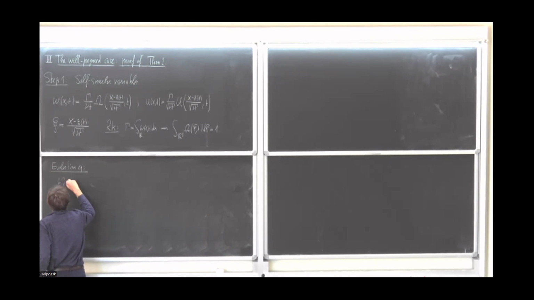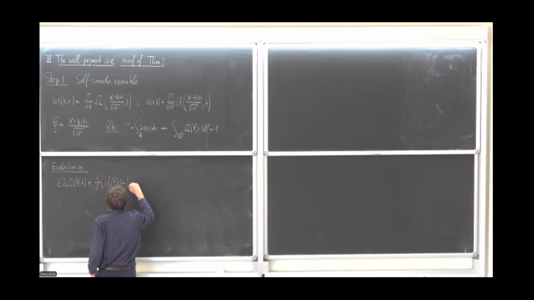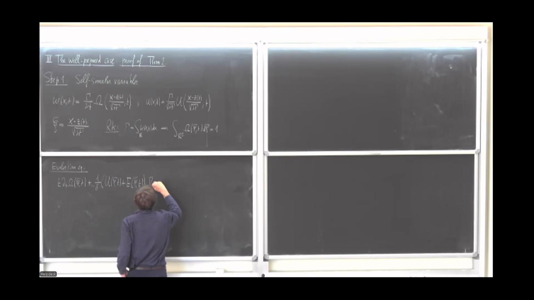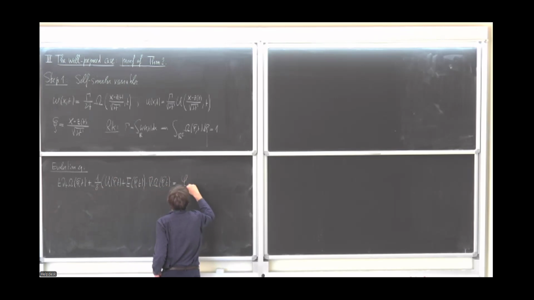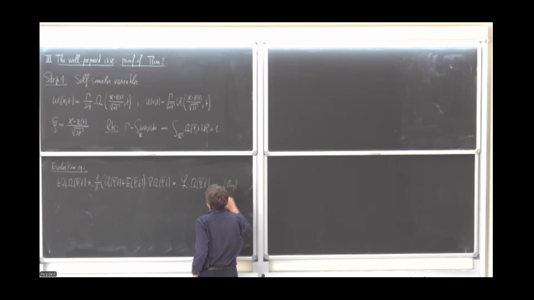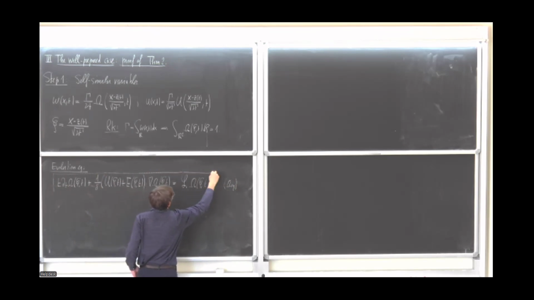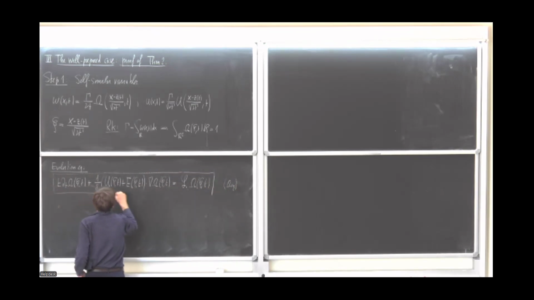It follows: t dt of omega of psi, t plus 1 over delta times capital U of psi, t plus some quantity E of psi, t, which I shall define shortly, dot grad omega of psi, t is equal to some operator L acting on omega of psi. So this is now the new evolution equation, which will be considered in the proof. And I will carefully explain all the terms.